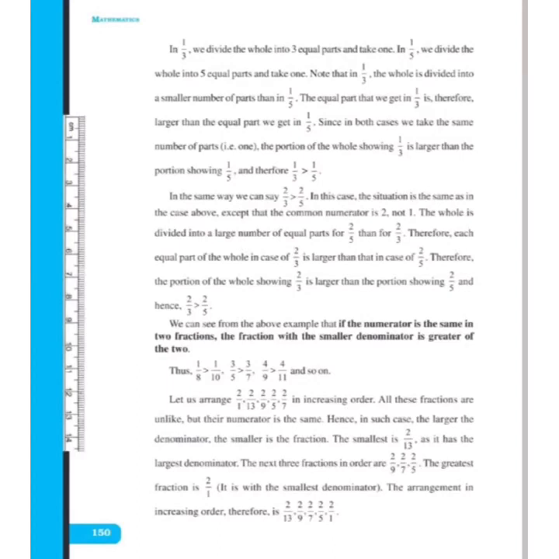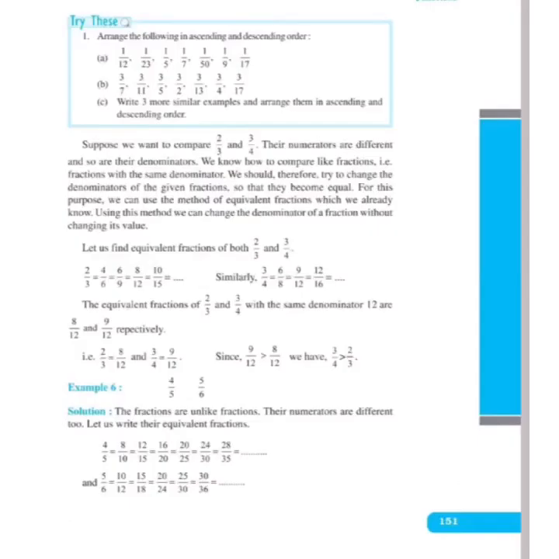So here the greatest fraction is the fraction with the smallest denominator, that is 2 by 1. And the arrangement in increasing order is 2 by 13, 2 by 9, 2 by 7, 2 by 5 and 2 by 1.